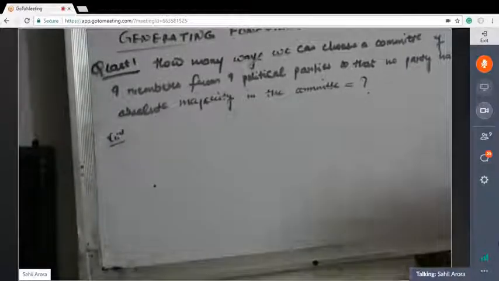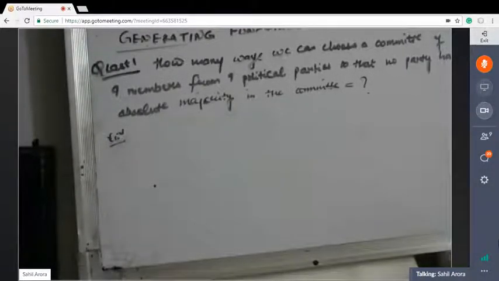This is the last question and the most interesting question. Question says how many ways we can choose a committee of 9 members from 9 political parties so that no party has an absolute majority in the committee.